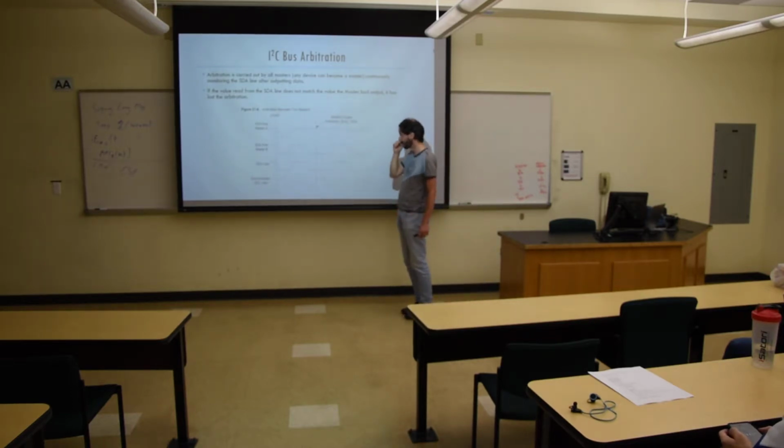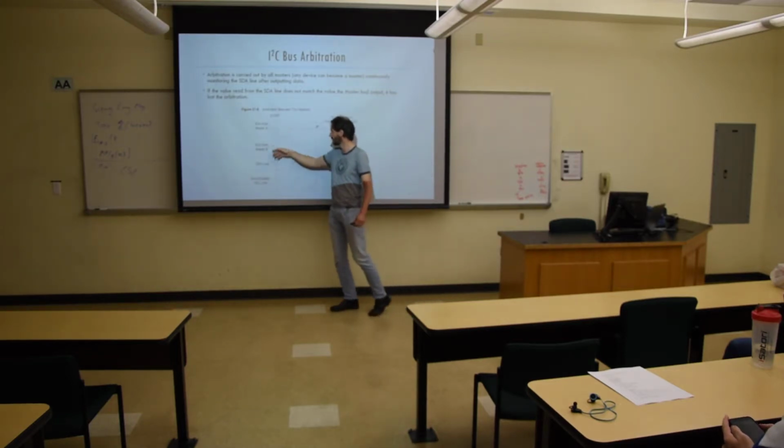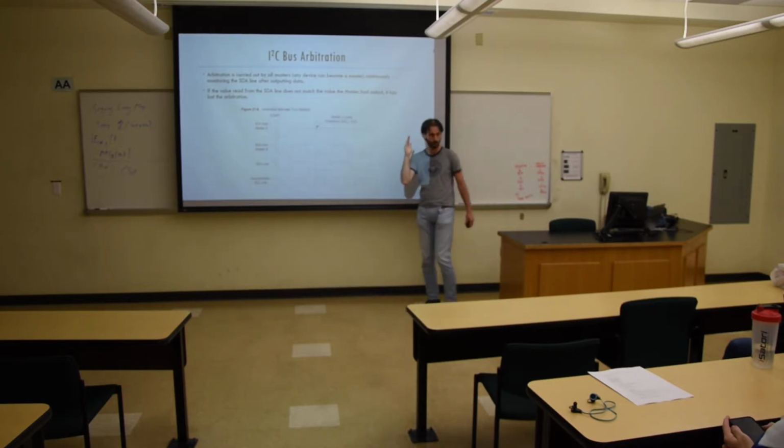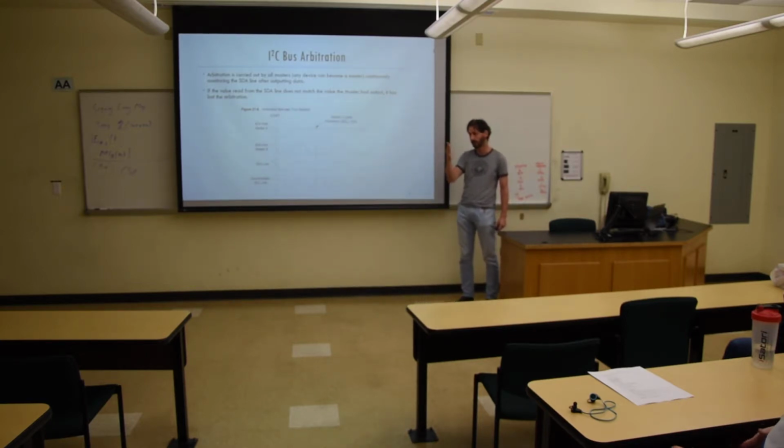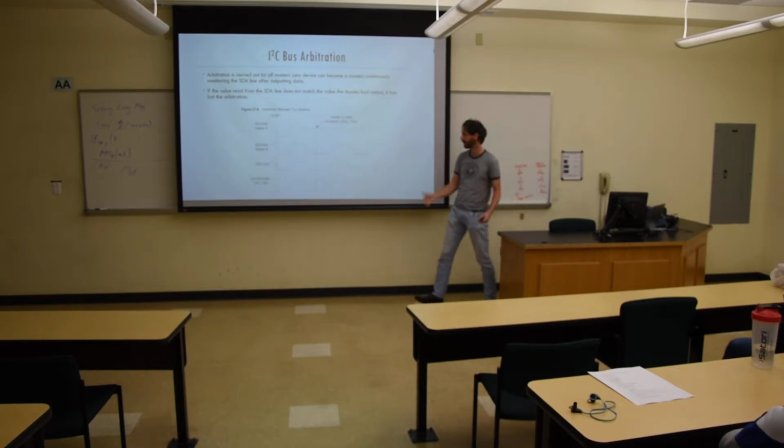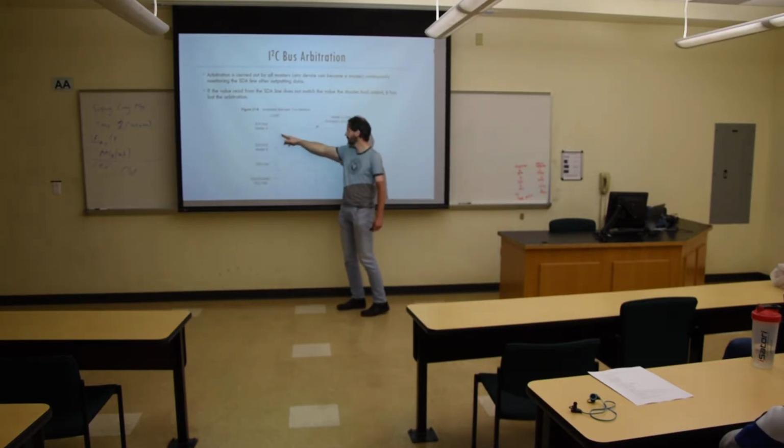So that's how that works. Now, very unlikely, but you could have the situation that master A and B want to write or read from the same slave device. In that case, these address bits will be completely the same.